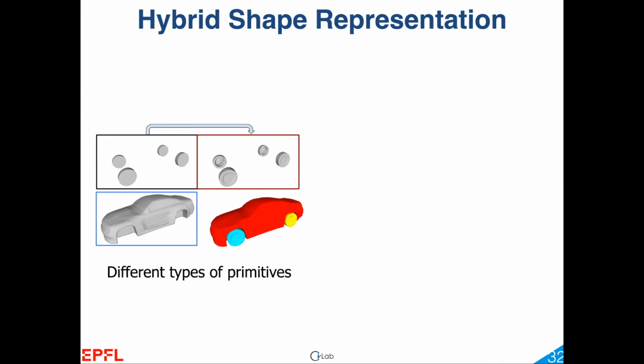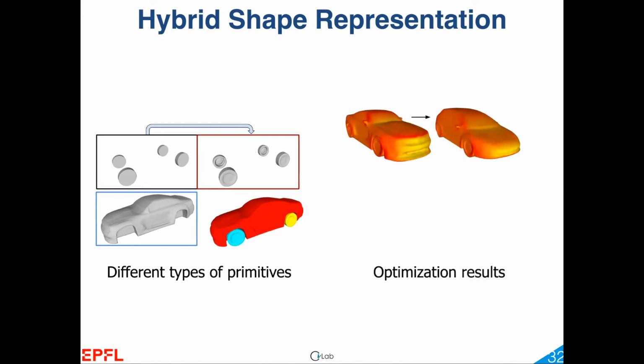And what we are currently working on is expanding this approach so that it can handle more significant primitives or groups of primitives. So in this case, a free form for the body of the car and cylinder-like shapes for the wheels. And the kind of constraints we want is the wheels should not, of course, touch the body.